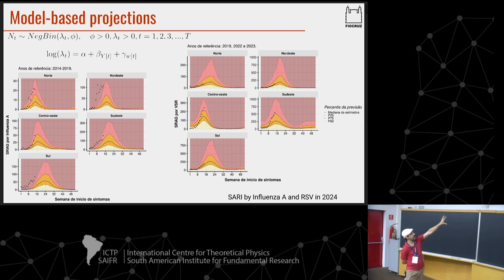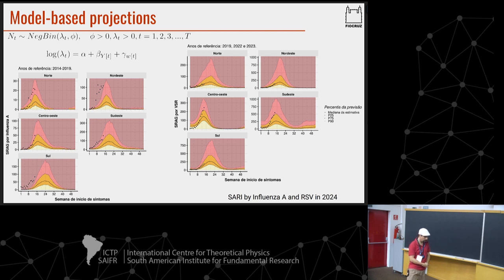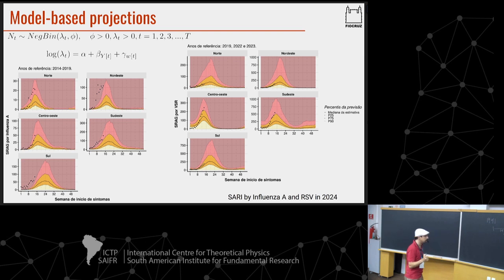So we aggregated the data here by the states that are part of the South region, Southeast, Center East, North, and Northeast. And so we see again the pattern is different for each region and is different for each pathogen, both in terms of volume and also in terms of seasonality itself.